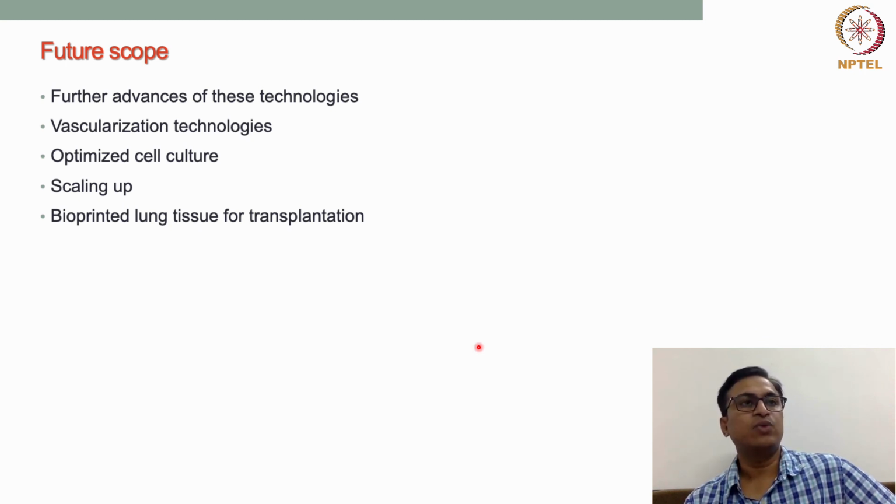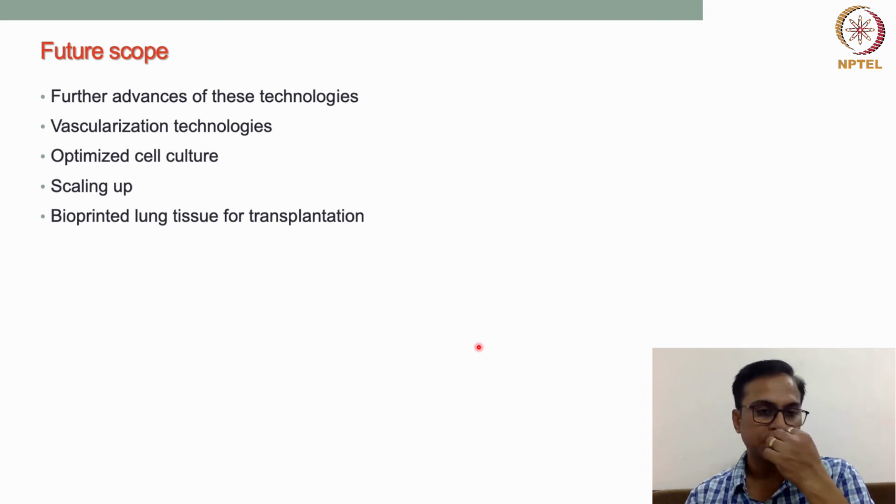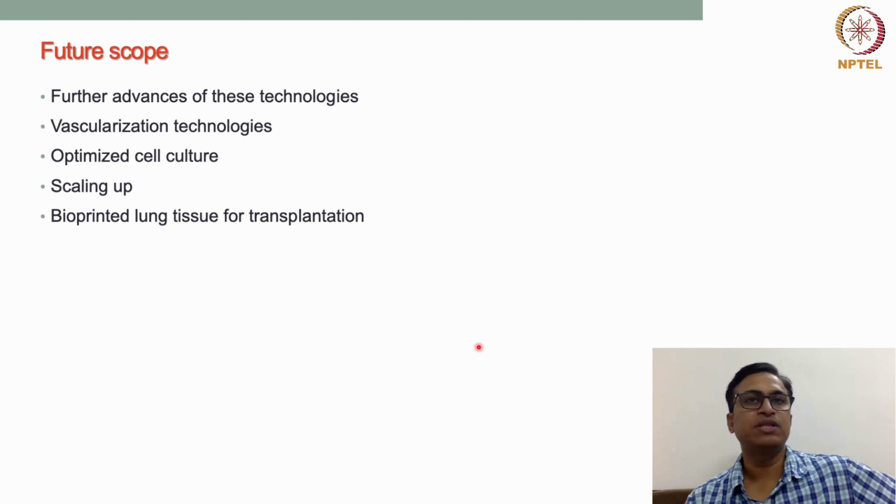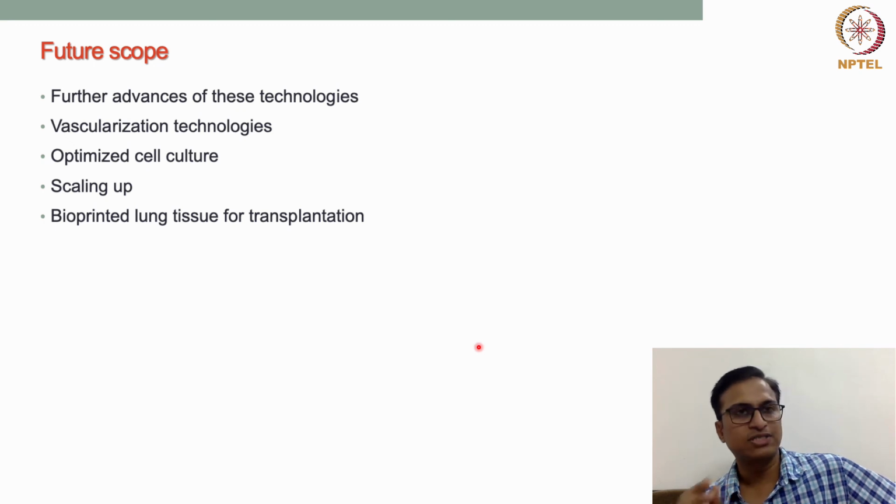So we probably need to come up with better cell culture techniques to optimize this. Another thing is the scaling up of these technologies, because most of them can create only small structures or building blocks.